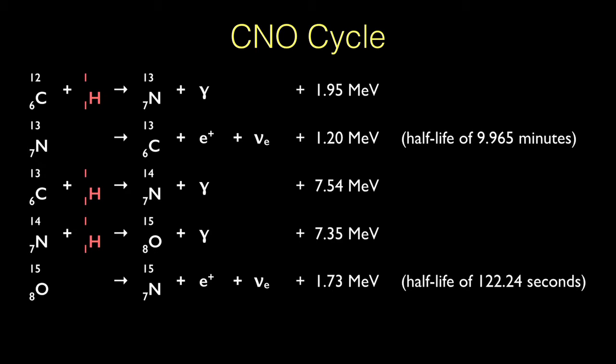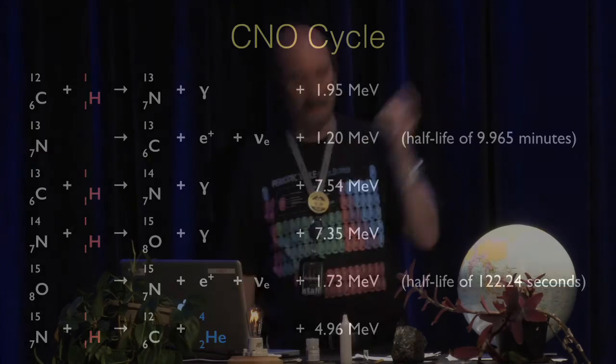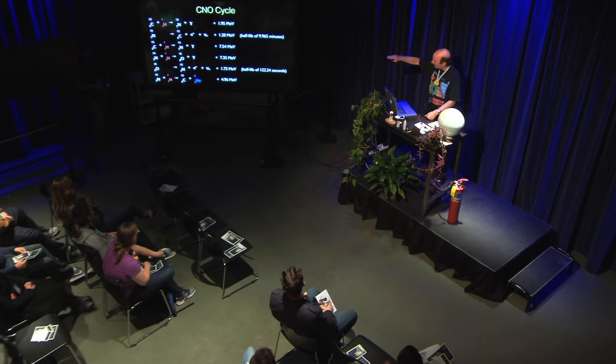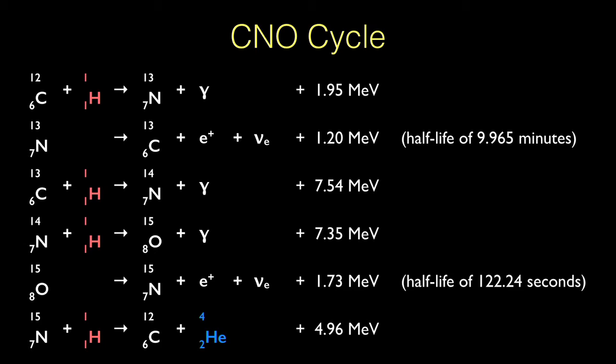Now into nitrogen-15, a different nitrogen, and now finally getting down to the bottom here, we're going to take that nitrogen-15 and smash in one more hydrogen atom and create carbon-12. So we've now started with a carbon-12 atom, we've added 1, 2, 3, 4 hydrogen atoms. We create a carbon-12 atom and a helium atom at the end. So we changed 4 hydrogen atoms into a helium atom, and we're left with a carbon-12.